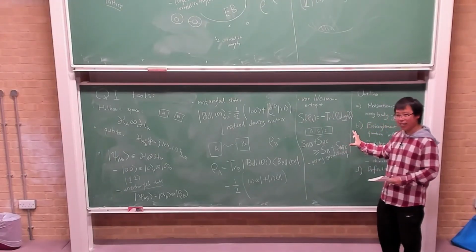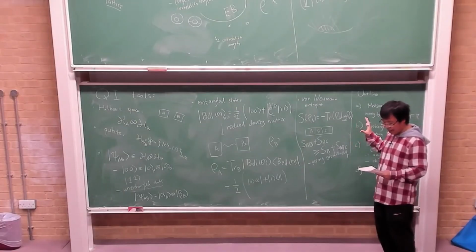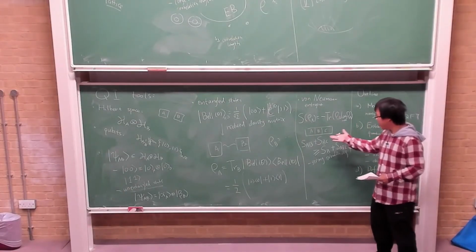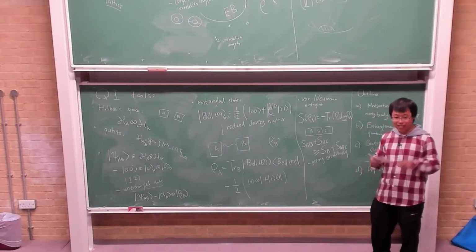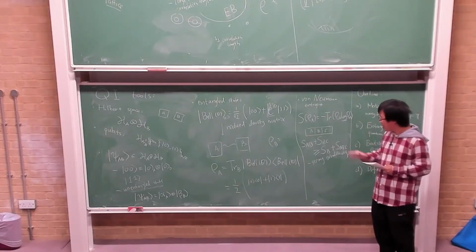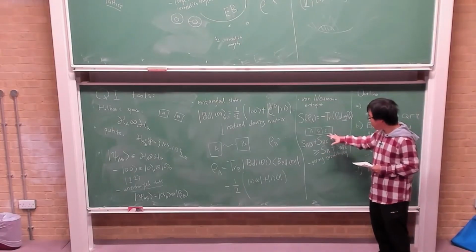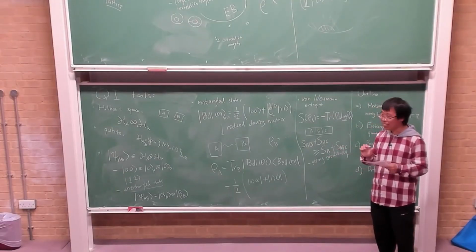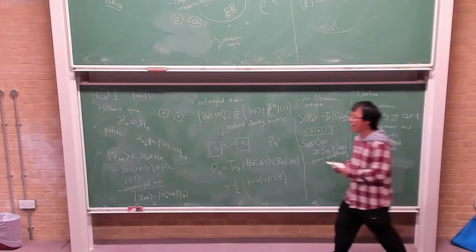This formula is a pretty simple fact for classical states, but for quantum states, the proof is non-trivial. And some people said that any derivation that uses strong subadditivity should not be treated as a simple derivation. It may contain some deep insight.